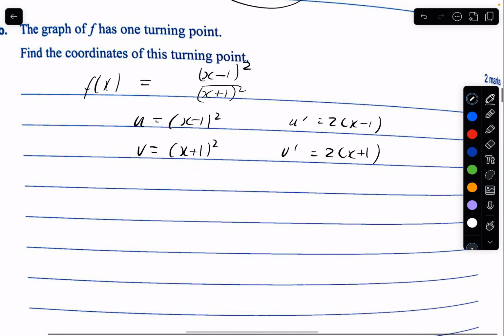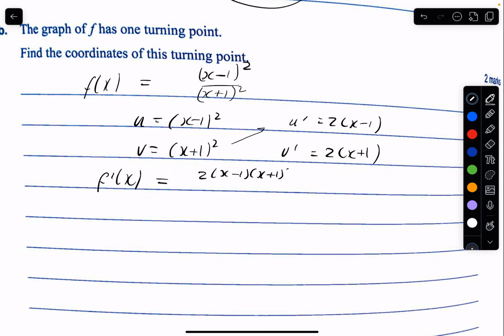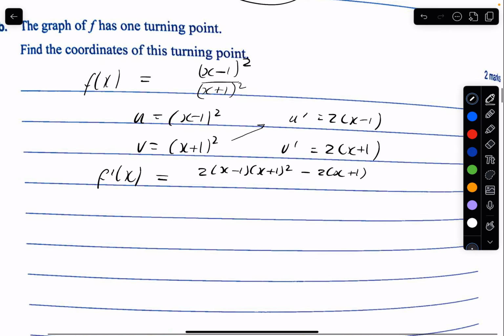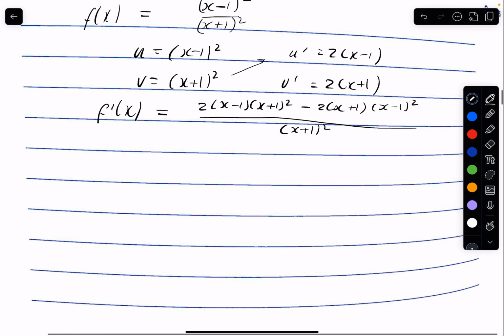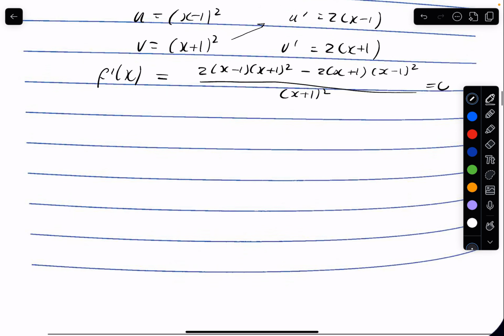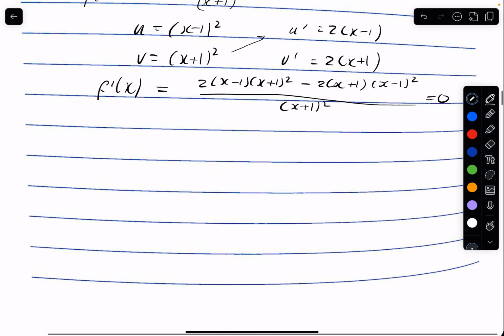Now, that means f dash x is equal to this times this minus that all over this squared. And if we solve, that's equal to 0. Oh, sorry, to the power of 4.